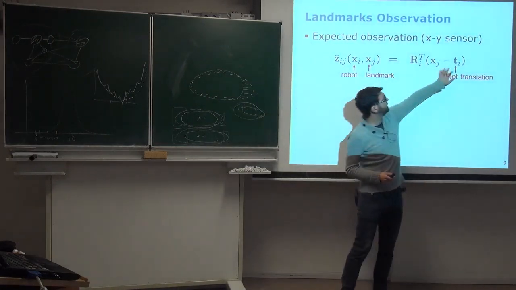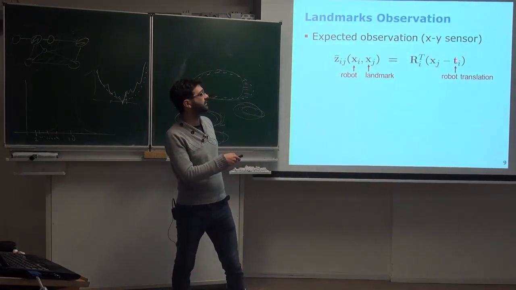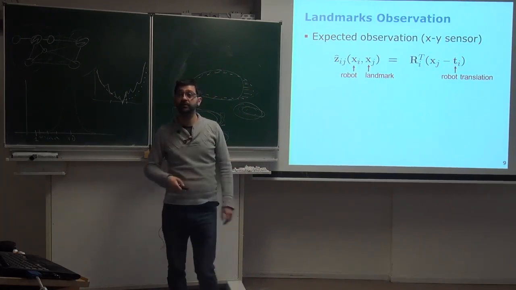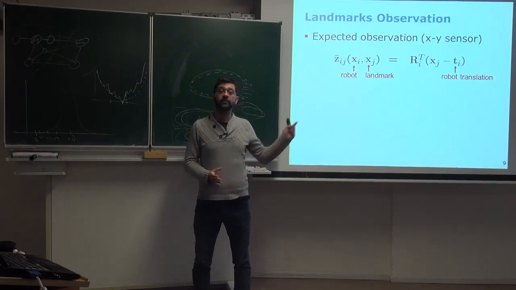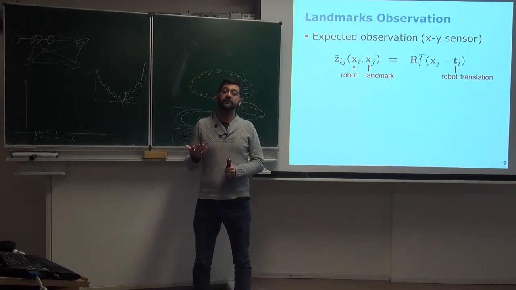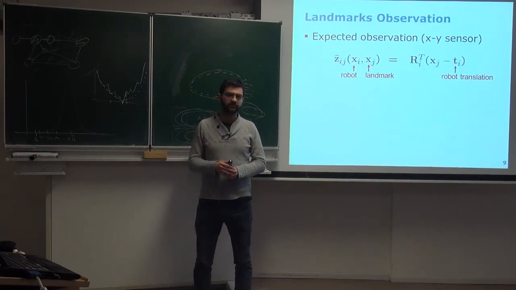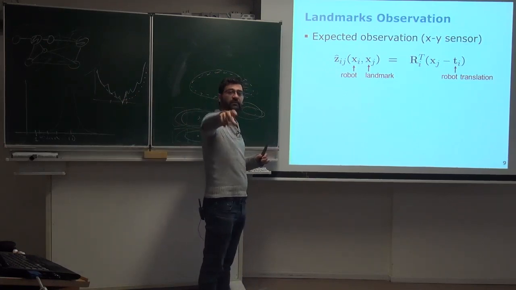What we do is take the difference between the x and y of the landmark and the translational part of the robot, and then we need to rotate it with respect to the robot pose, because all of this is in x and y coordinates. Does it make sense? So we rotate it according to the robot, and that's where the real global coordinate is. Question?